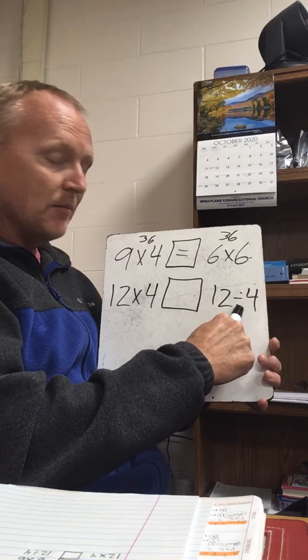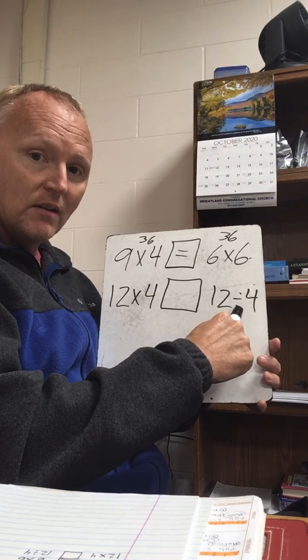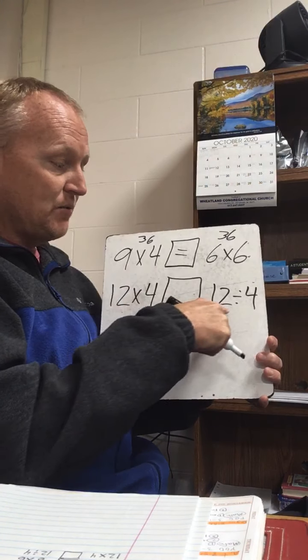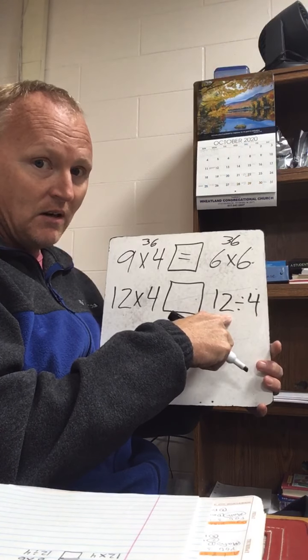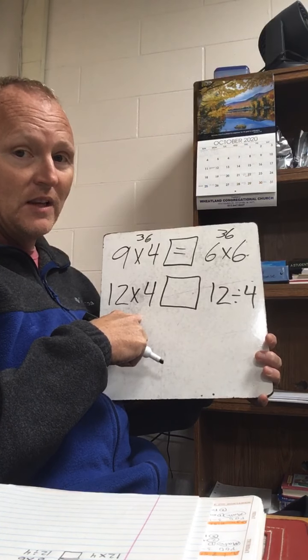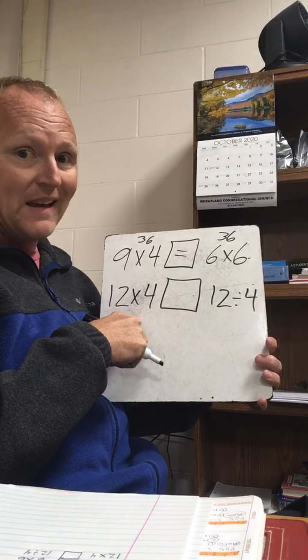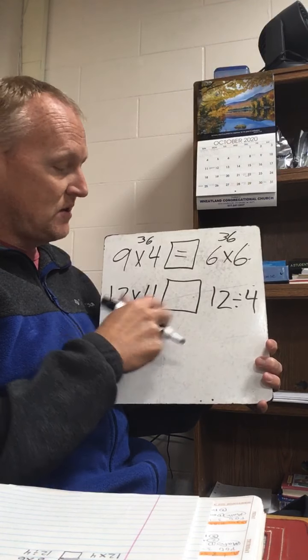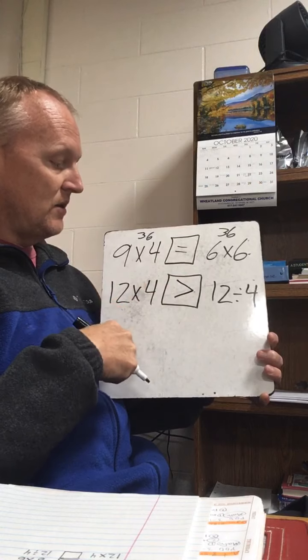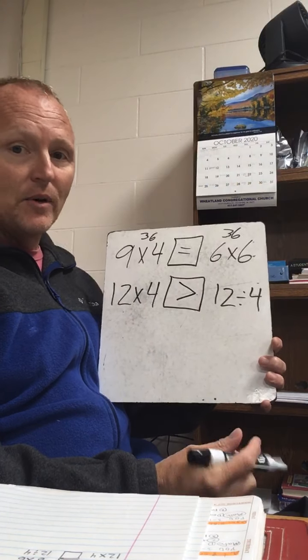When you divide numbers, they get smaller. So if this one's going to get bigger and it starts with 12, and this one's going to get smaller and it starts with 12, obviously this has to be the greater number. So you can get the answer for this one without even doing the calculations. Okay, this one's greater. So the alligator is going to gobble up the greater number.